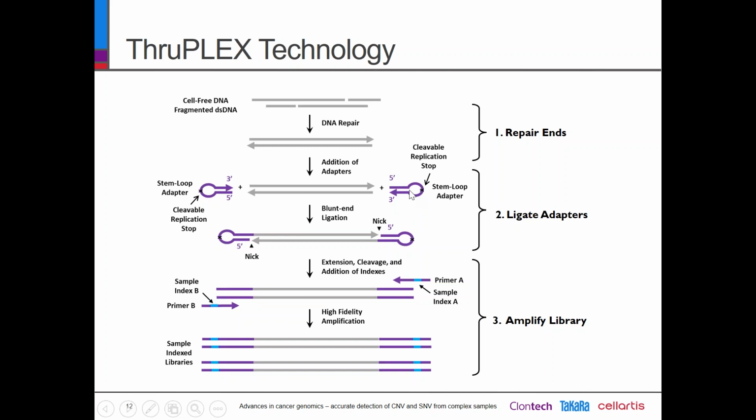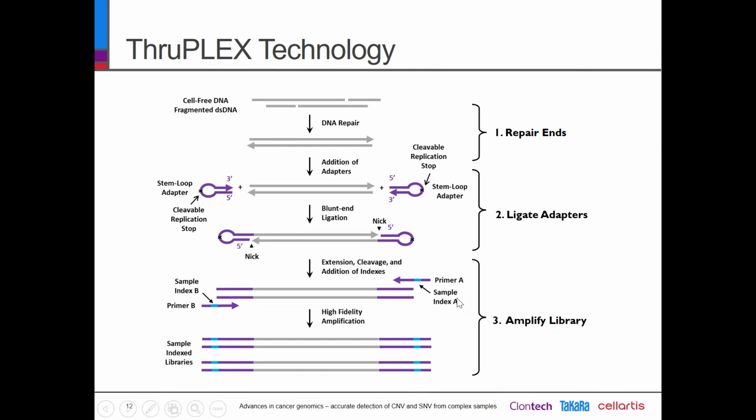All ThruPlex adapters are really unique in the sense that they are blocked at one extremity, the 5' end, which will prevent the formation of adapter dimers in your reaction, and this highly decreases the background and increases the amount of useful information.